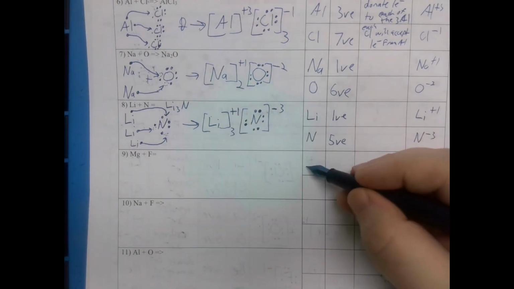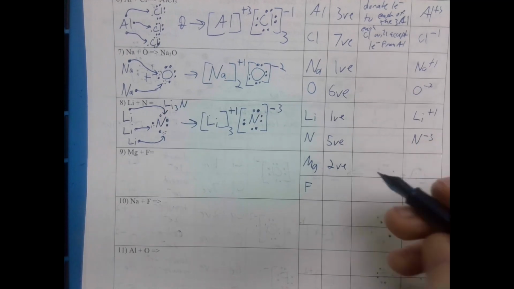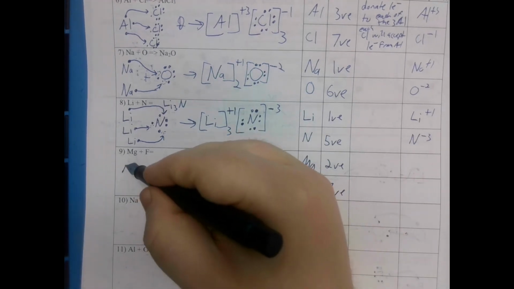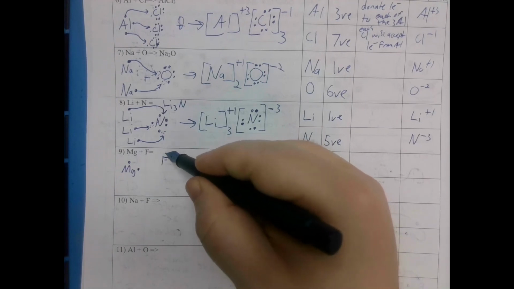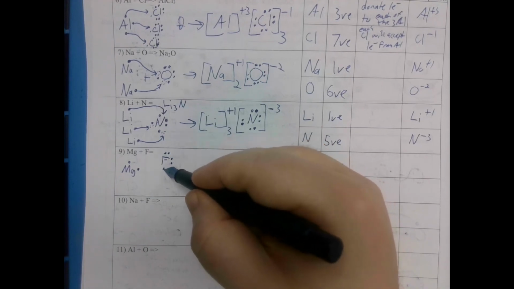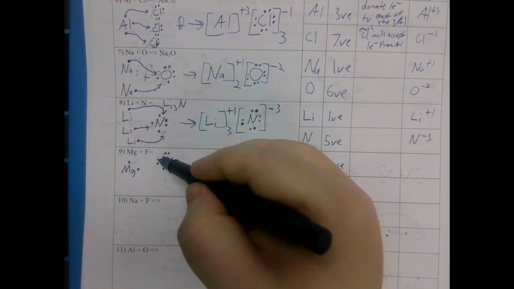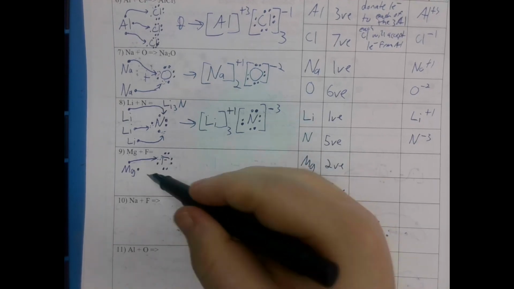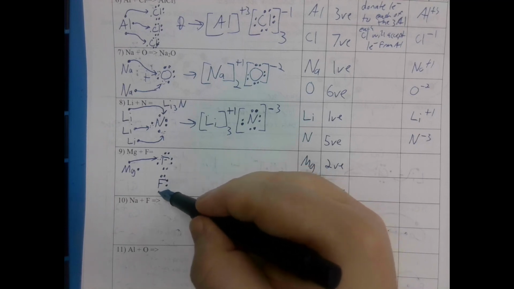So magnesium has how many? 2. Fluorine has 7. So I'm going to put 2 dots around magnesium. Fluorine, I will put 7. So fluorine is missing one right here, so we can fill that. But magnesium still has 1, so that means it can still give an electron to another fluorine atom.